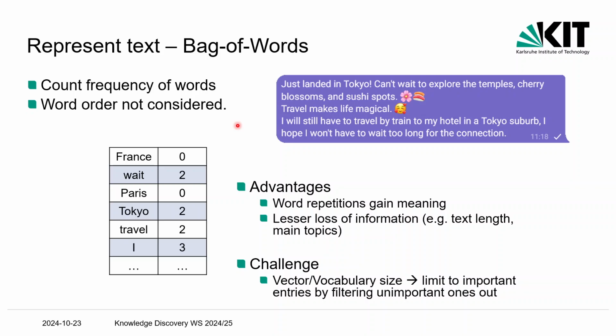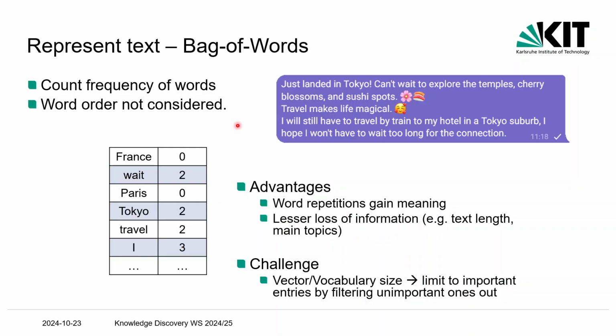The advantage here is that when we represent it that way, we don't just have a 0 or 1 of, okay, this is in it and this is not in it. This way, word repetitions actually gain meaning. The more you repeat something, the more important it might be, and that's something we can also store in our representation.